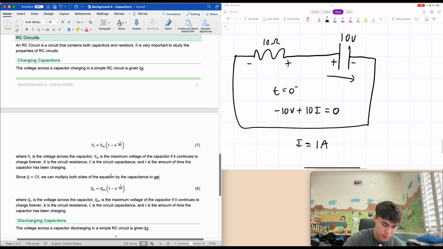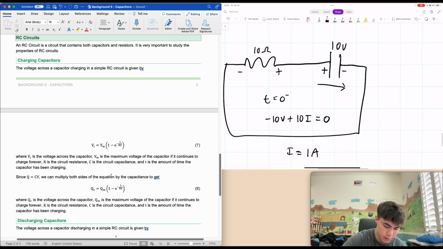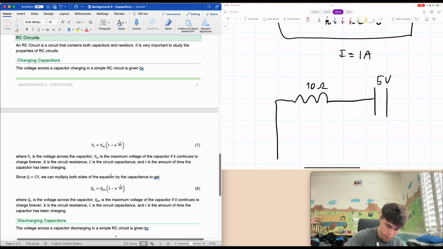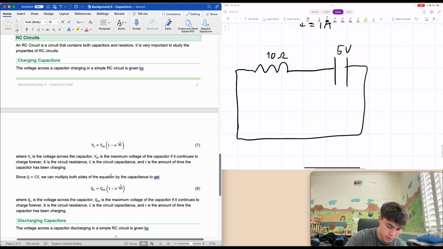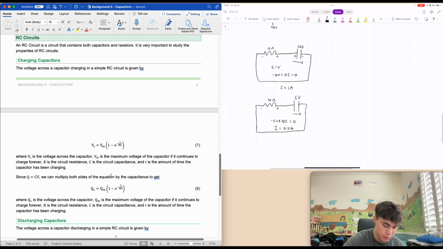Then as the voltage drops, eventually after it loses some charge, we have 5 volts. The current now becomes, here we have a drop of 5 volts, and then here we have an increase of 10I, and so we get a current of 0.5 amps, and it discharges slower and slower.